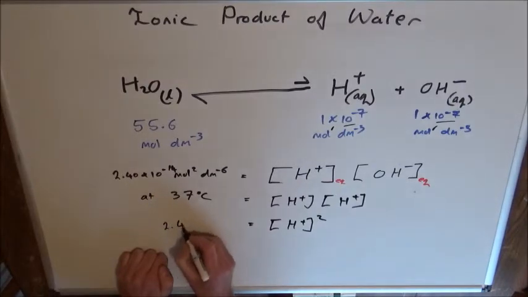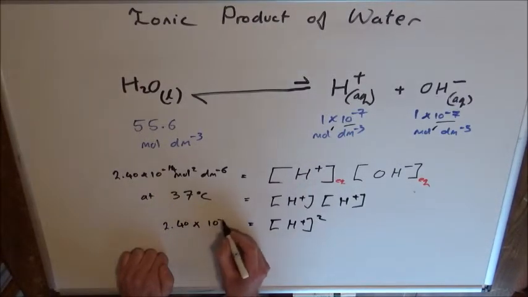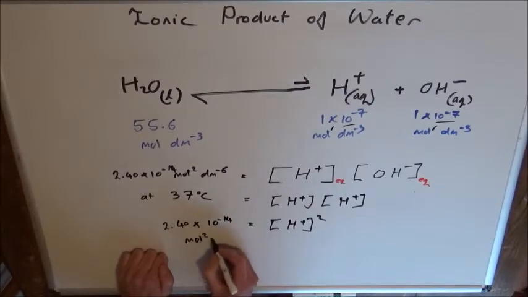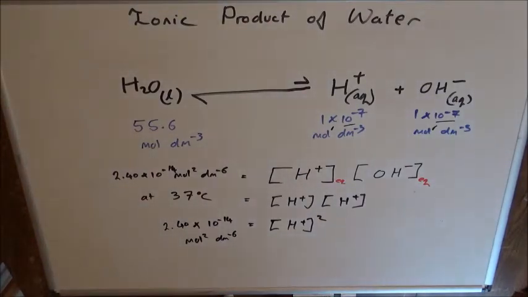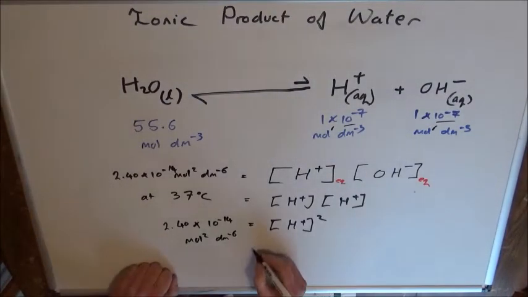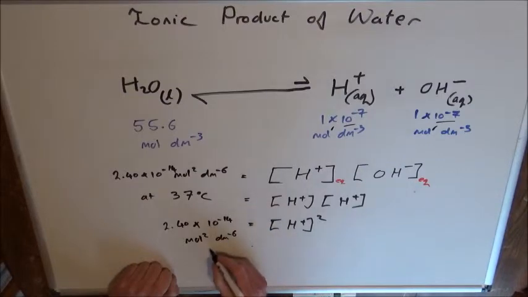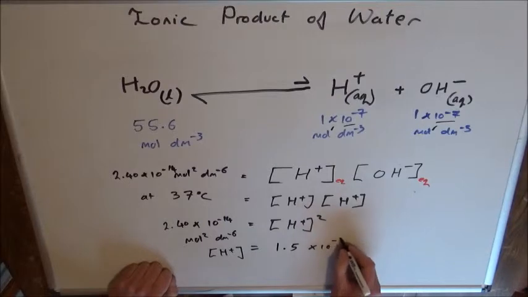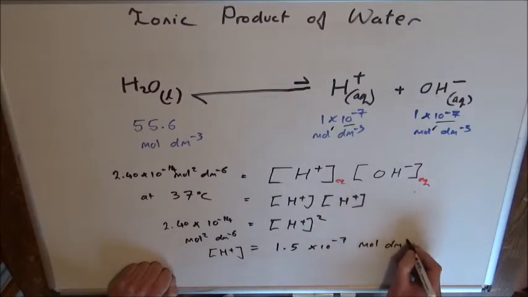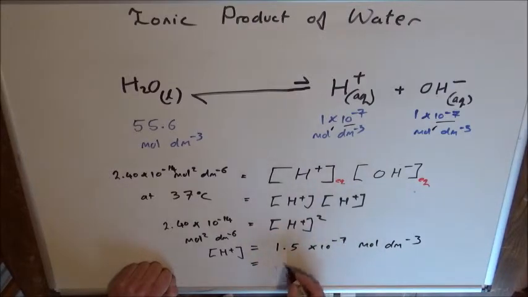So 2.4 times 10 to the minus 14 moles squared dm to the minus 6 is the square of the hydrogen ion concentration at 37 degrees C. So H plus equals 1.5 times 10 to the minus 7 moles dm to the minus 3, and as I showed you earlier, if you take the minus log to the base 10 of that, you get the pH, and the pH is 6.8.